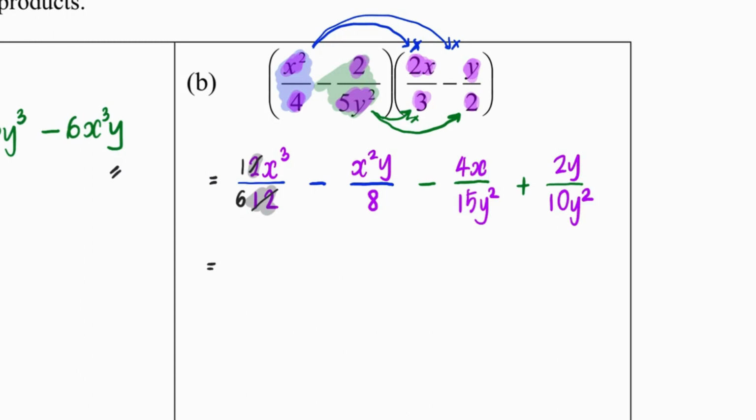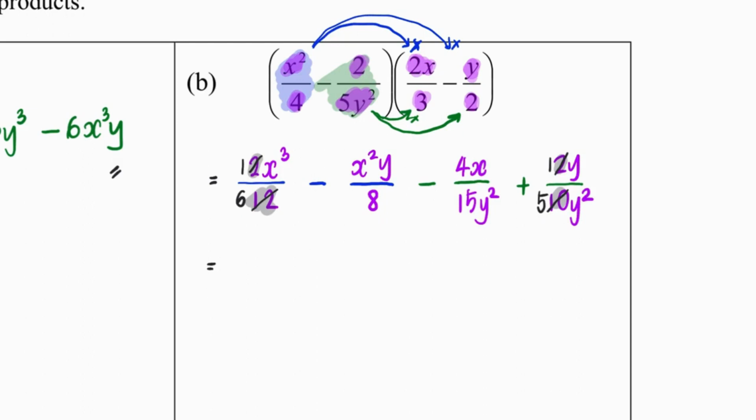And I can also divide by 2, left 1 for this last term here, divide by 2, left 5. So now the next part is to combine this whole list of expressions into a single fraction, which I'm going to share with you how to do.